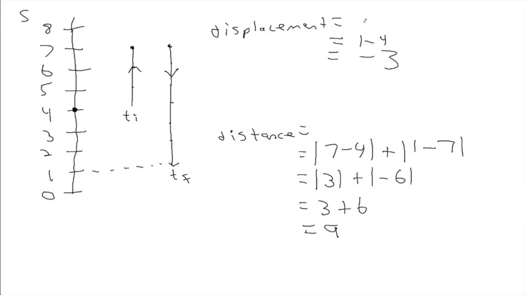So what's the algebraic formula I would write up here? For displacement, we would write TF minus TI. Not quite, because these numbers are not times. S of TF minus S of TI.